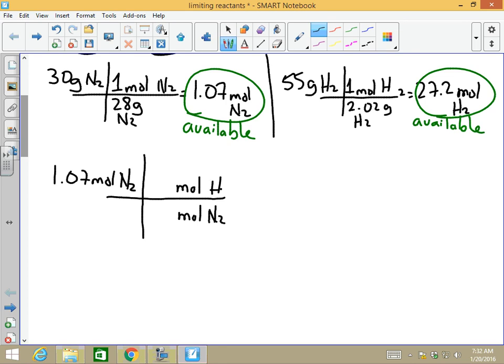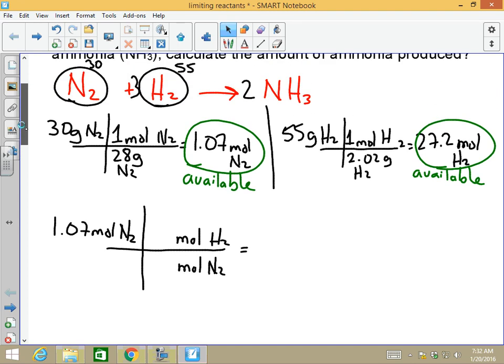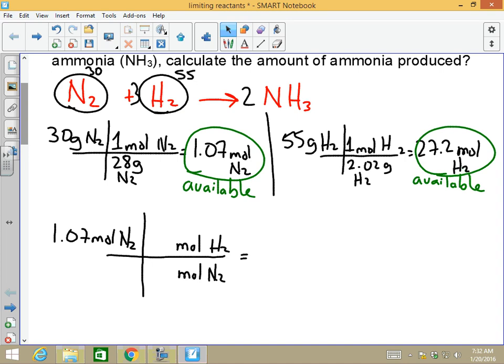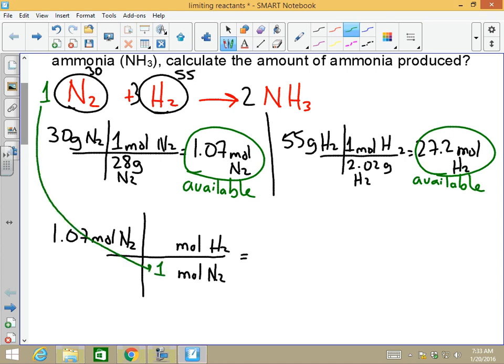From the balanced equation, I see a 1 for N2 and a 3 for H2. So 1.07 times 3 divided by 1 gives 3.21 moles of H2.